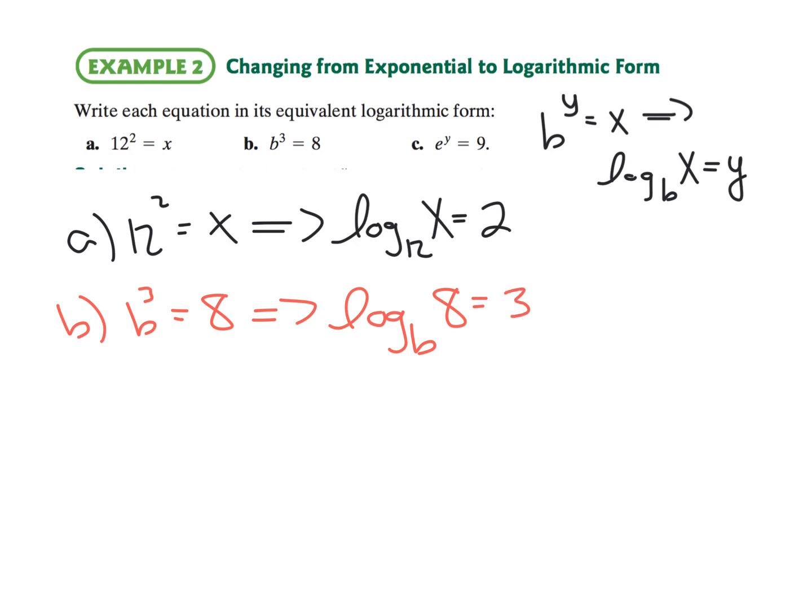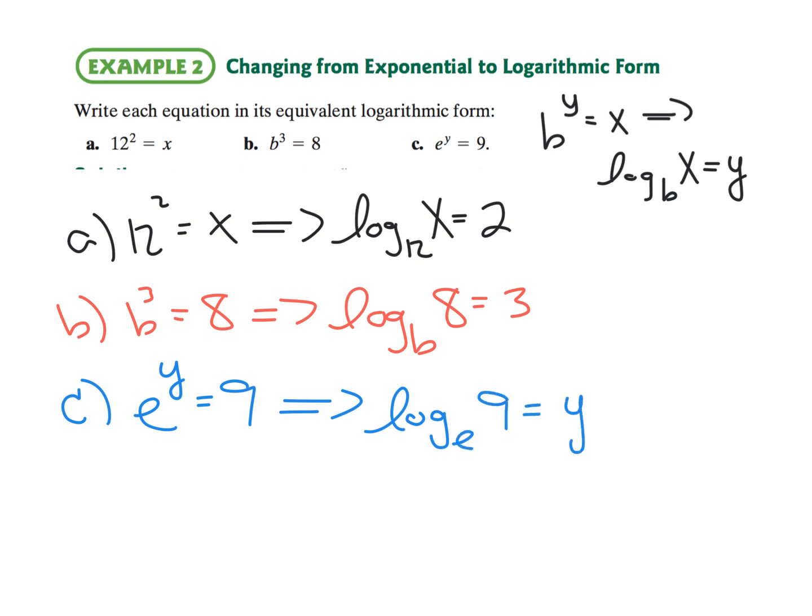And finally for C, e to the y, remember that's the number e that we learned about last lesson, is equal to 9. That becomes log base e of 9 is equal to y.